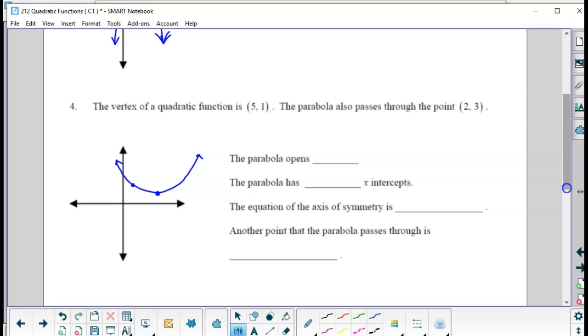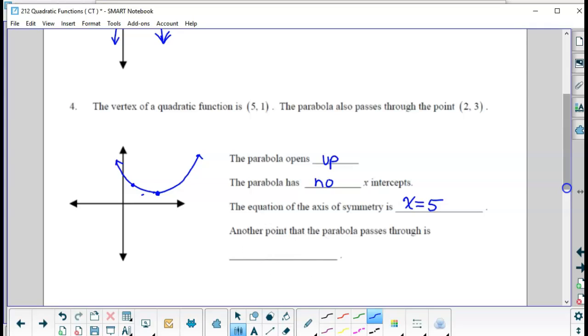Because if this is the vertex, the only way is it opens up from there or it opens down, and obviously it can't go through 2, 3 if it does. Okay, so it opens up. It has no x-intercepts. Axis of symmetry is x equals 5, the x value at the vertex. And another point that the parabola passes through, well, it's 2, 3. Well, we've already got 2, 3.